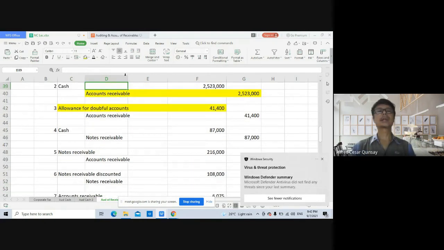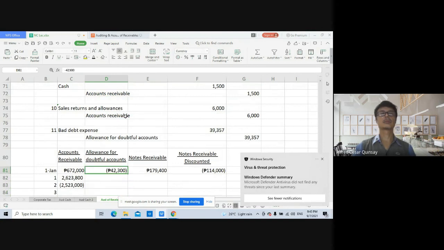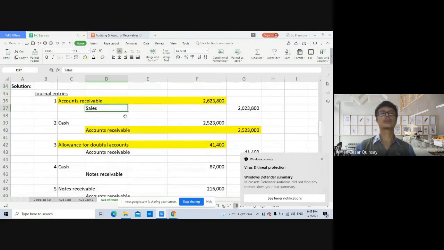Okay, so this would next is yung allowance for doubtful accounts, that's 41,400. So after that, allowance for doubtful accounts for 41,400. So that would be an overbalance kasi ang allowance for doubtful accounts is contra asset, no?